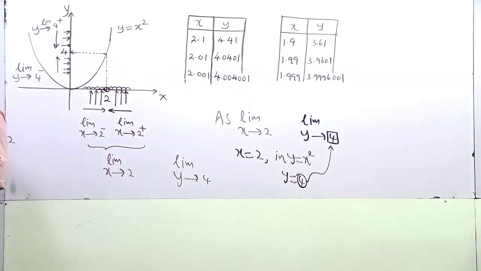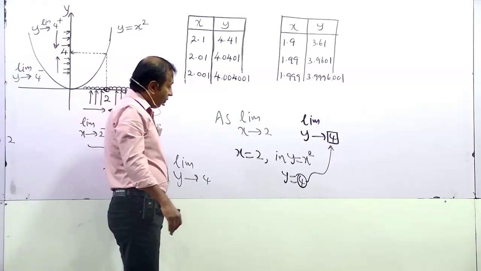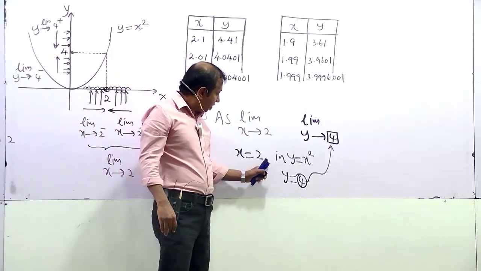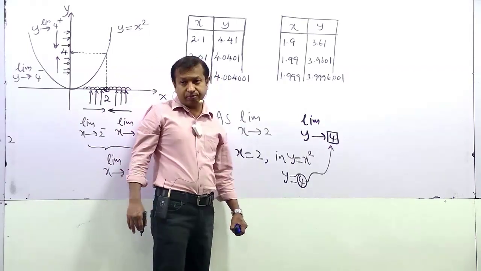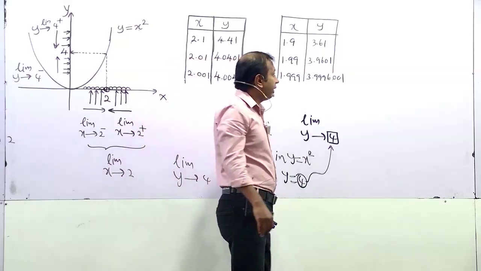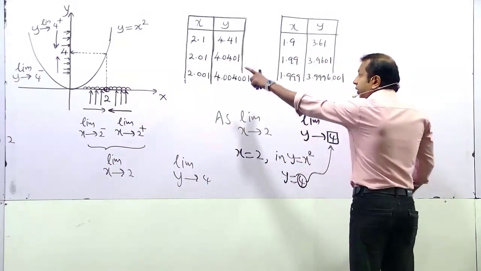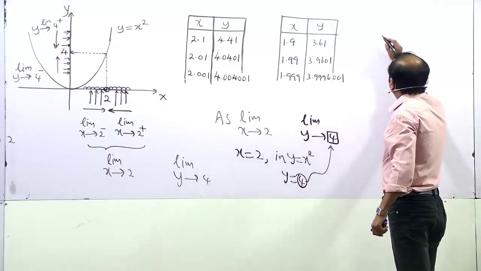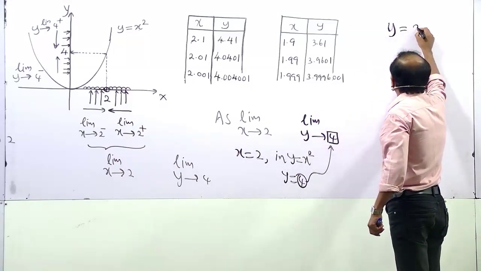Okay. Now I am going to tell you what is the importance of using this limit. I can explain it like this. Instead of that graph y equals x squared, I take this graph.